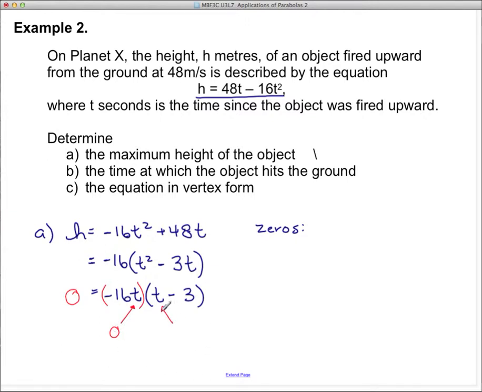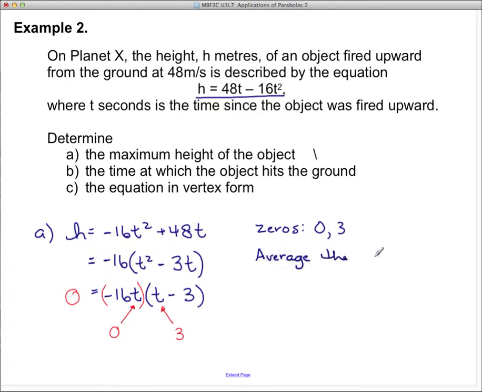Now, if I'm going to stick something in here to cancel out this -3, it's going to have to be 3. So there are our two zeros. The two zeros are 0 and 3. Now to find the vertex, remember we have to average the zeros to find the axis of symmetry.